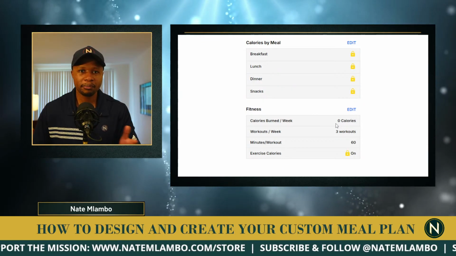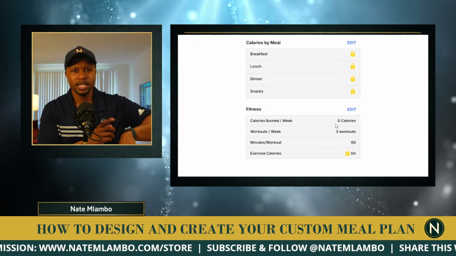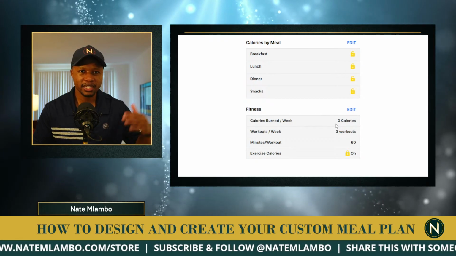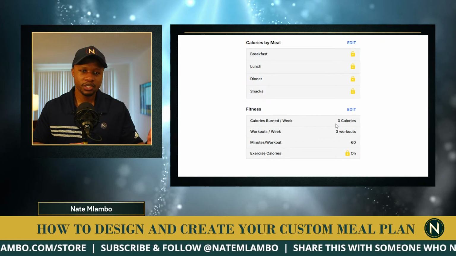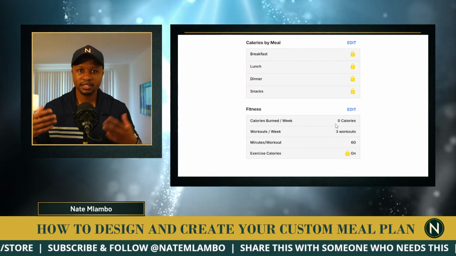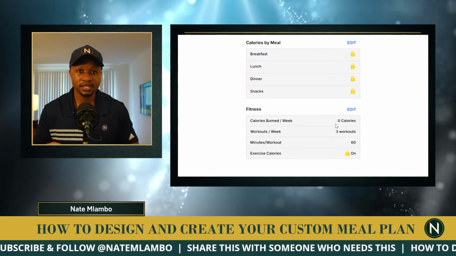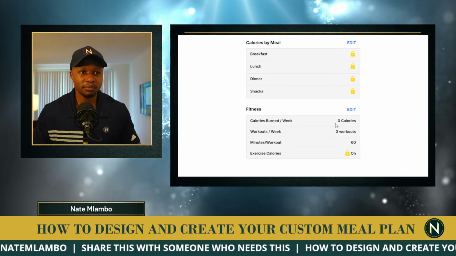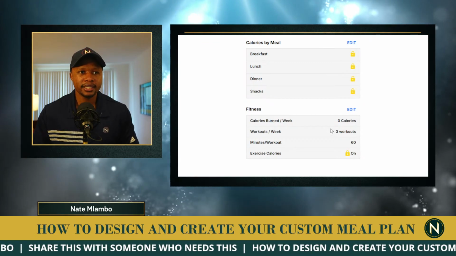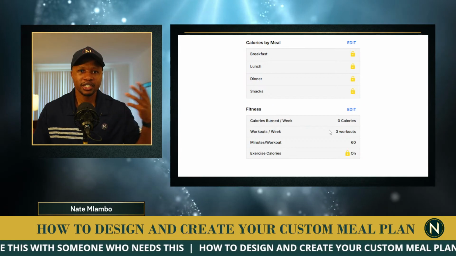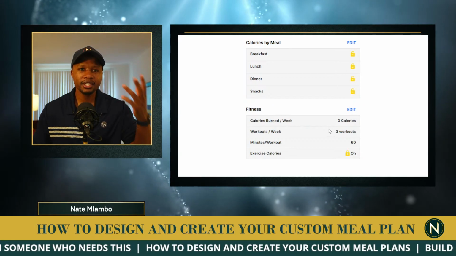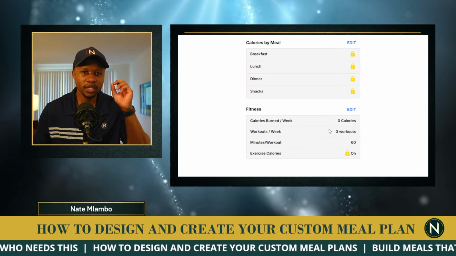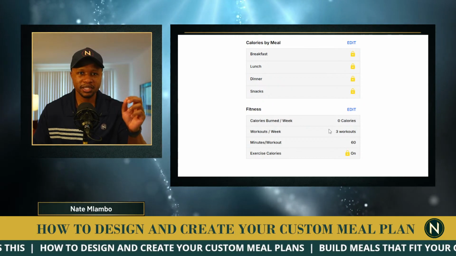Because I know people say, okay, Apple Watch overestimates how much you burn. So if you're using a Whoop or Fitbit, doesn't matter what it is, just use a consistent fitness tracking tool if you're tracking your calories, and then you can update, and it's going to help you understand how much you're actually burning and if you're eating enough, because we are eventually going to have to do adjustments.